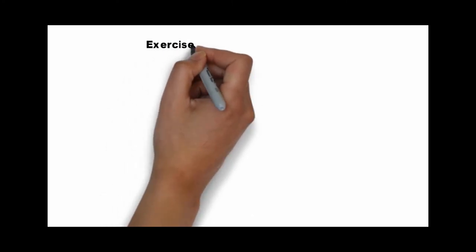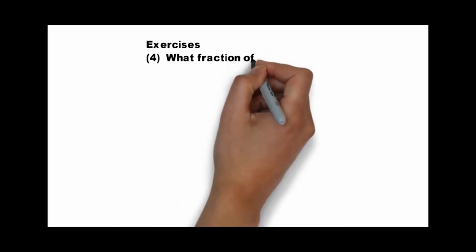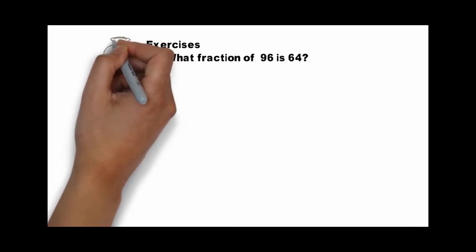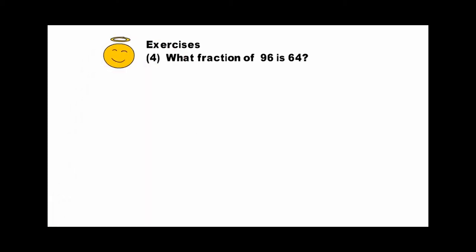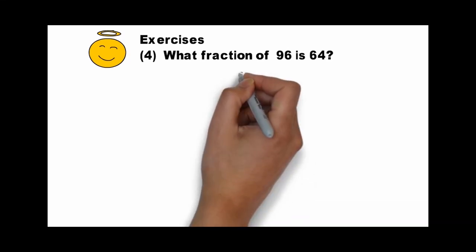So far, we have looked at several exercises that use the simplest form property and also the fundamental law of fractions. In this last exercise, we're going to solve for what fraction of 96 is 64. In this problem, we're going to use two different methods to solve it.